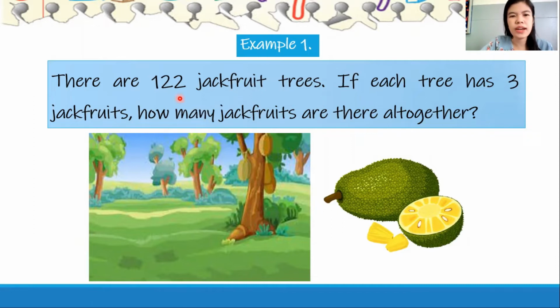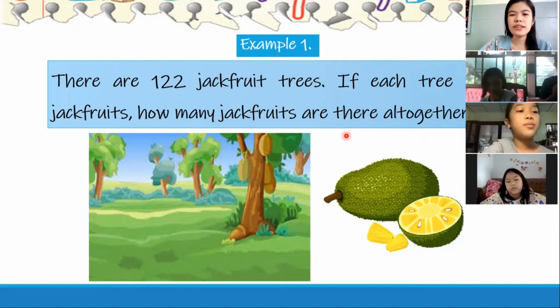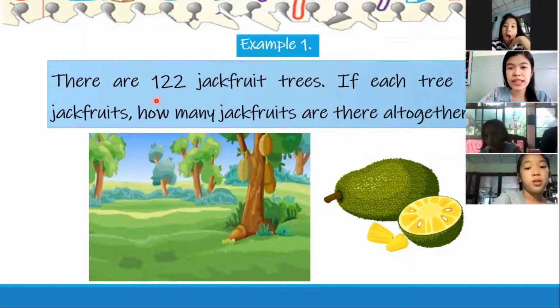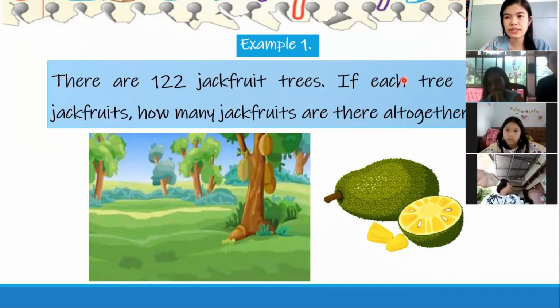There are 122 jackfruit trees. Very good. There are 122 trees. Trees means ต้นไม้. How many? 122, right? There are 122 jackfruit trees.